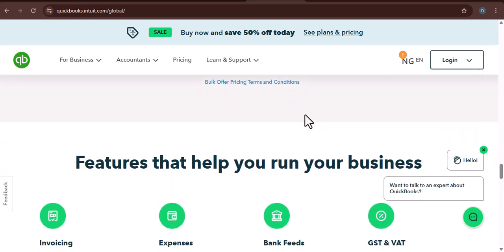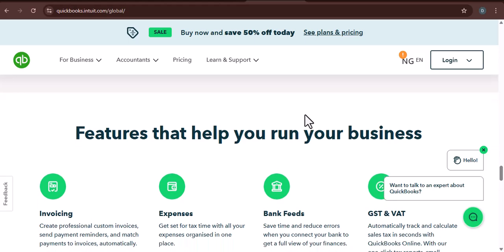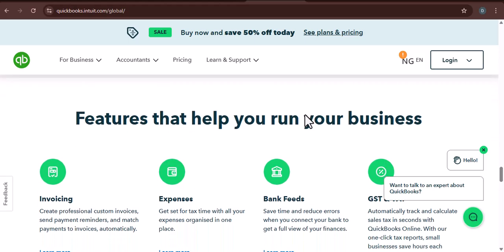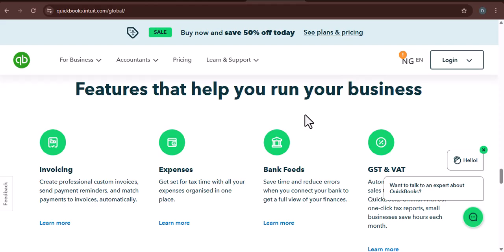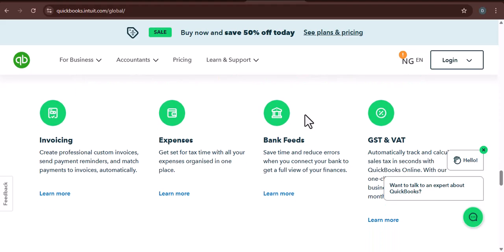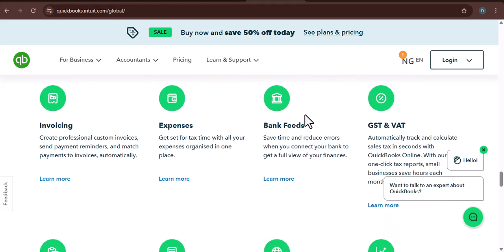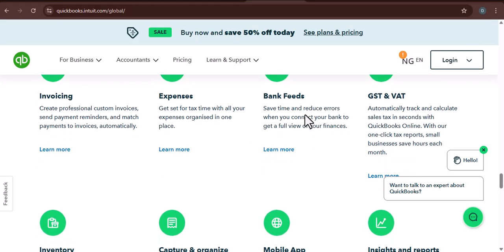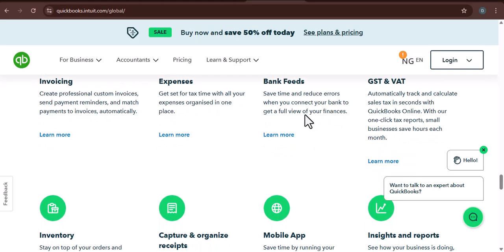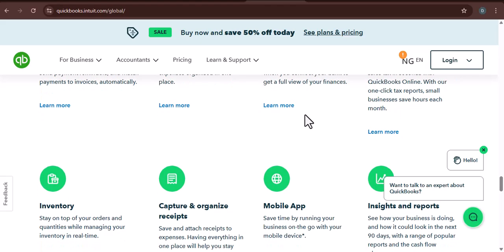Budgets. If you've created budgets in QuickBooks Online, your accountant can see your budgets and compare them to your actual performance. Audit log. This is a crucial feature. It allows your accountant to see who made changes to your QuickBooks Online data and when. This helps them track any errors or discrepancies.